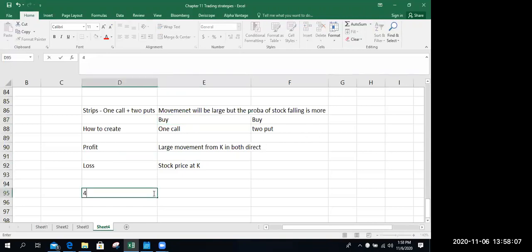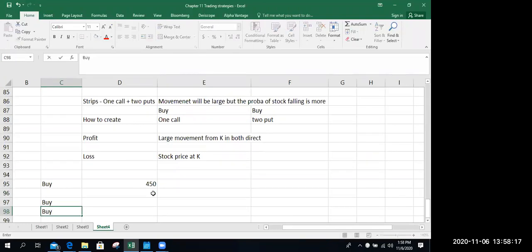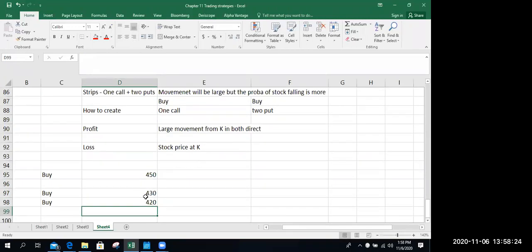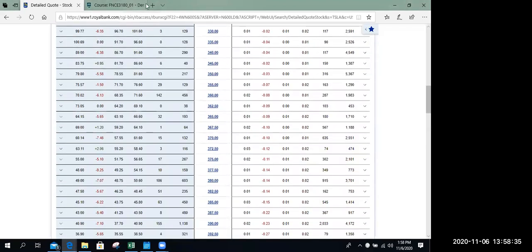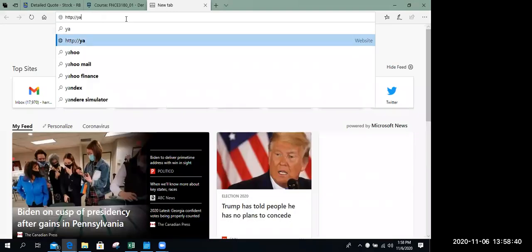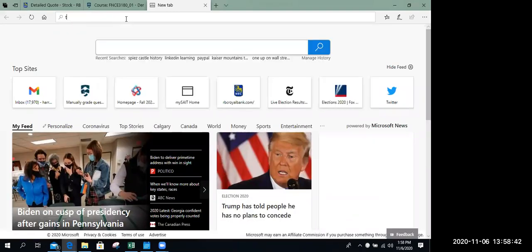So let's say you buy a call of Tesla at 450, and you buy two puts, maybe of the same strike price or different. So let's say 430 and 420. So this is a strip. You think the movement will be large, but the probability of it going down is much higher. The same way, you could have done a strip with ACB.